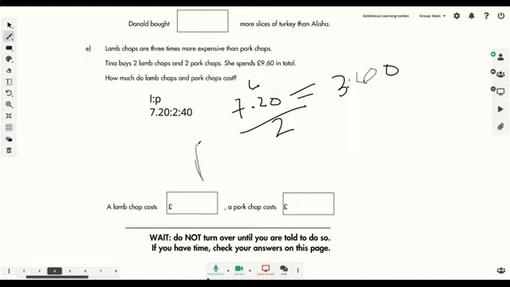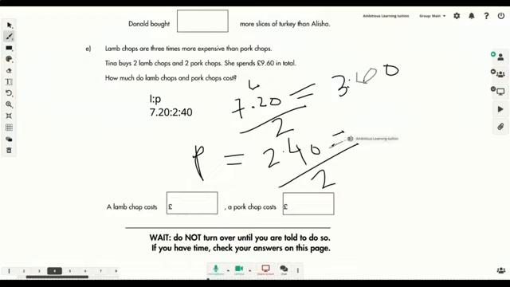But you have to find the cost of pork the same way like we did this. It's £2.40 divided by 2. Why are we dividing by 2? If you guys are getting confused, we are dividing by 2 because they're asking the cost of 2, not 1.